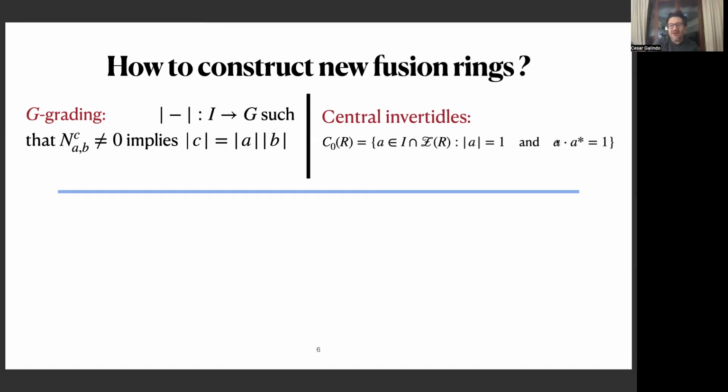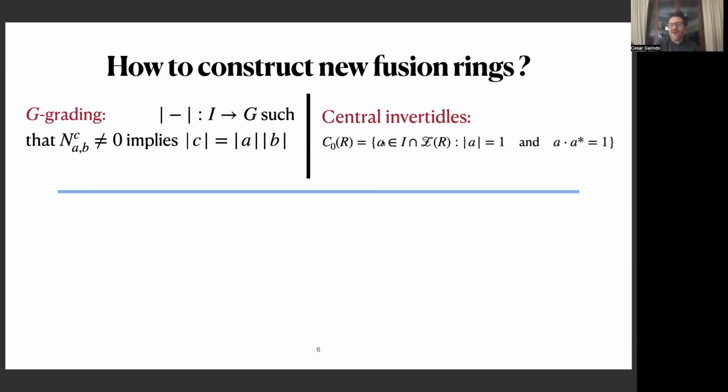Invertible means here that they are central elements in the Grothendieck ring, but additionally that the simple object has degree 1, so the assignment to the group is exactly the identity, and also that the product of the element A with its involution is equal exactly to the unit. So this is in fact an abelian group.